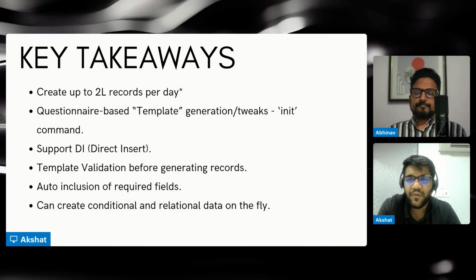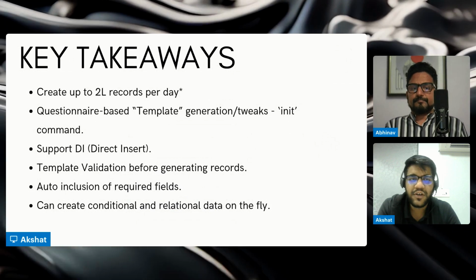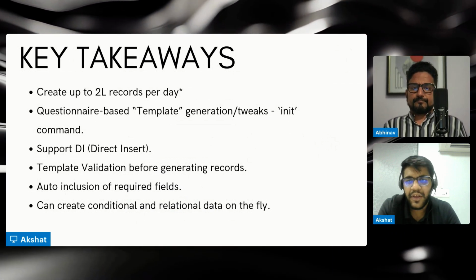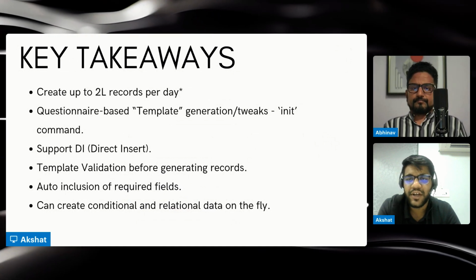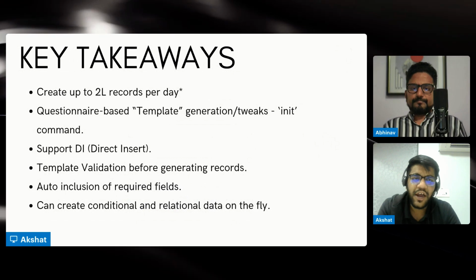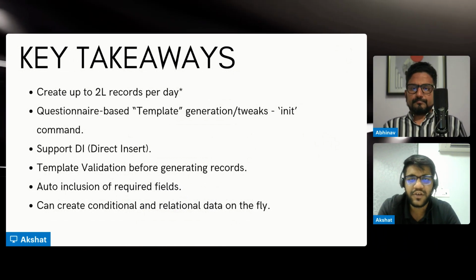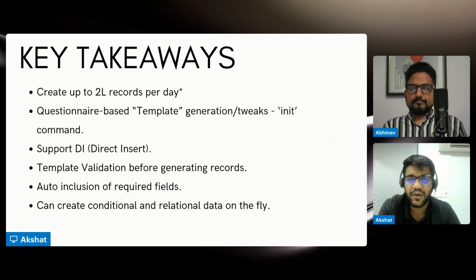First of all, we are able to generate 2 lakh records per day. This is just an estimated number, and this is taken into consideration while we are generating 2 lakh records for contact S object. And the best part here is that it was able to generate these 2 lakh records in a time span of around 10 to 12 minutes.